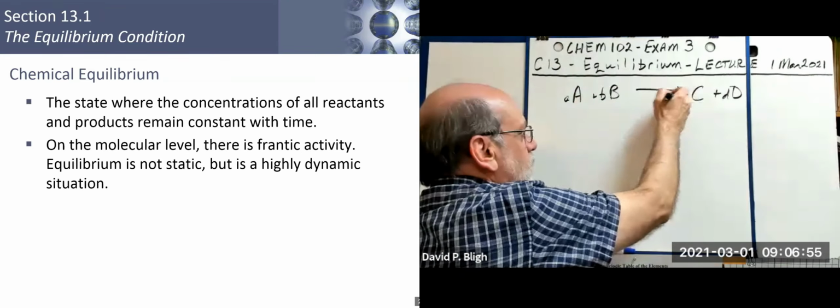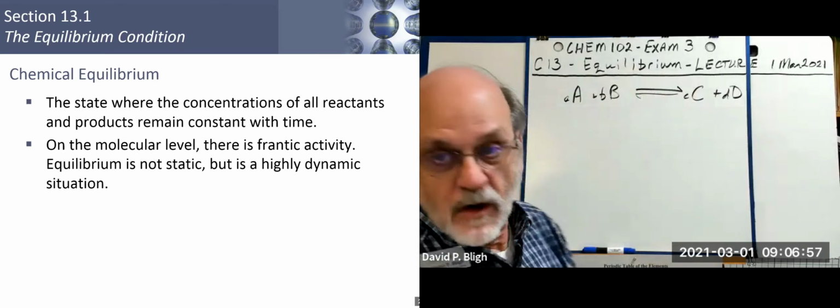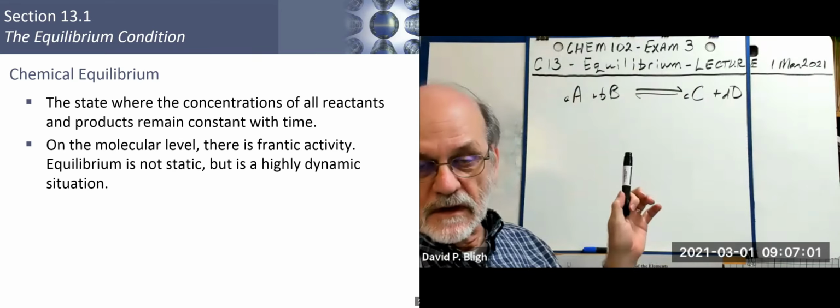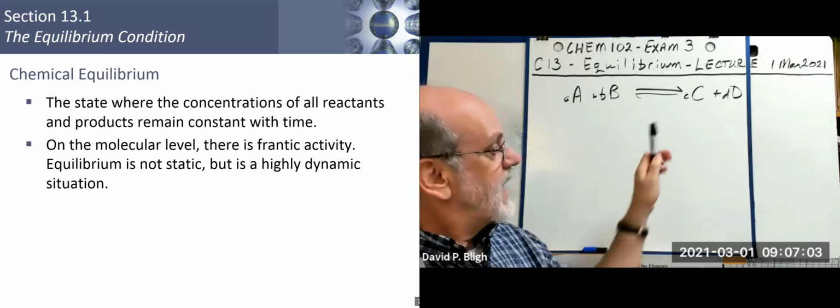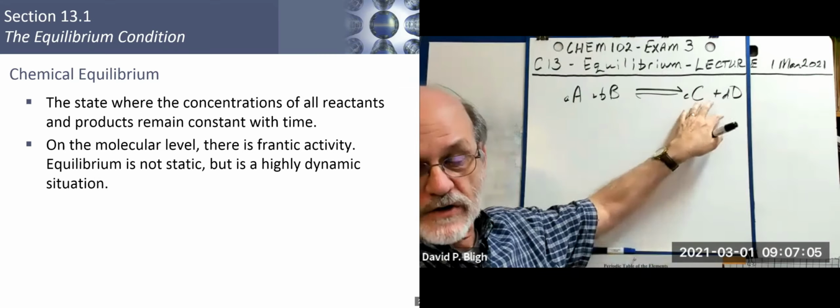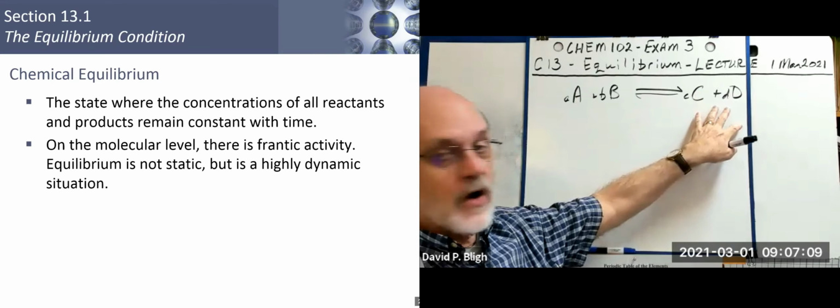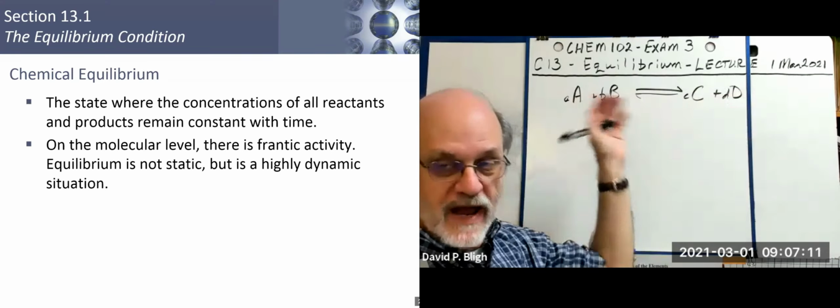But it's not just forward. You also have a reverse reaction. And the reverse reaction is really only significant after sufficient concentrations of the products have built up so that you start to get those return reactions.